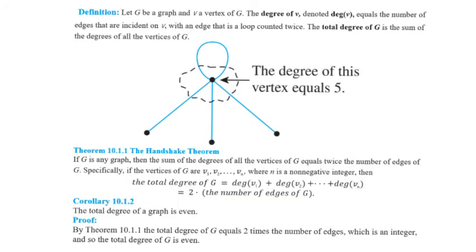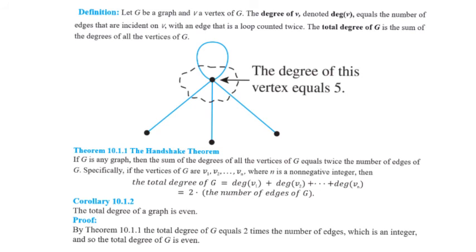So here we have one more definition. We say let G be a graph and V be a vertex in this graph. The degree of V, which is denoted by deg of V, equals the number of edges that are incident on V, with an edge that is a loop counted twice.